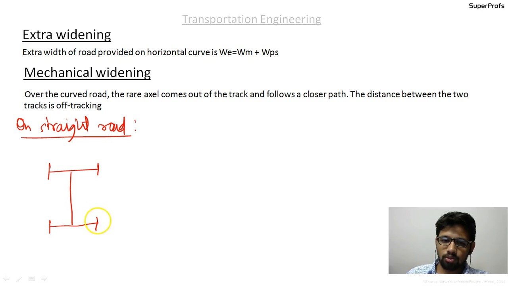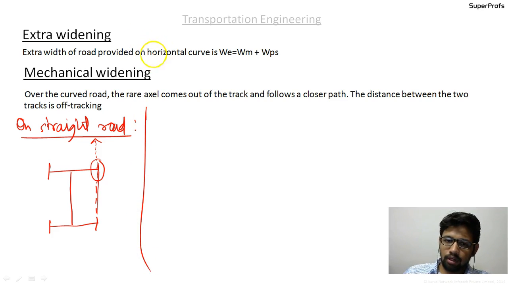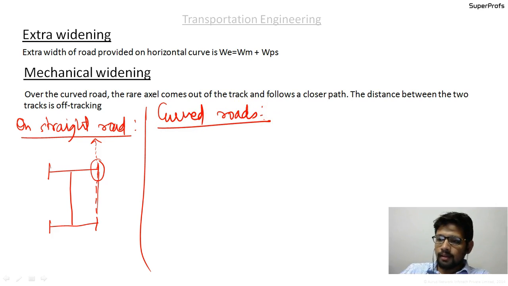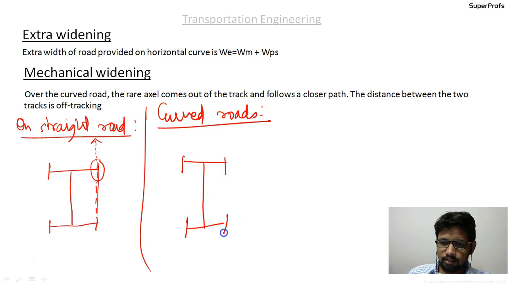There will be a straight track followed by the first wheel, and the same track will be followed by the second wheel on a straight road. But in case of curved roads, suppose this is the vehicle, with the front axle and the rear axle, and these are the wheels.